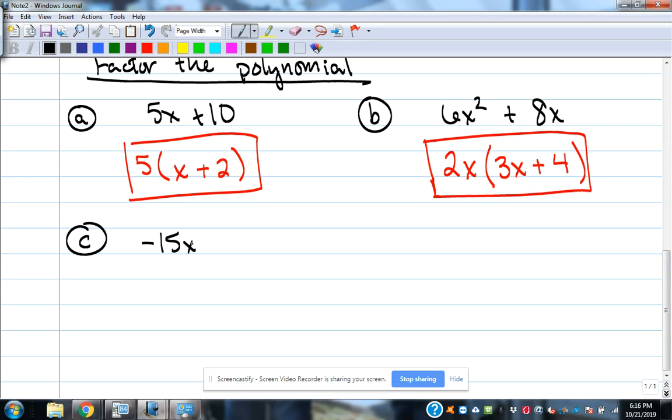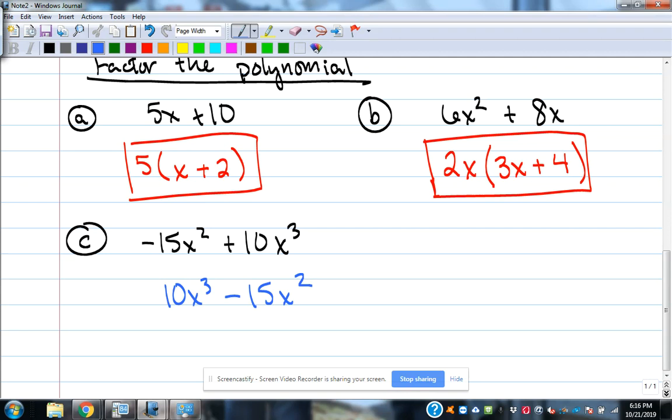Negative 15x squared plus 10x cubed. Is that in descending order? No. No, so let's put it in the right order. What goes first? 10x cubed minus 15x squared is the only other thing there is, so that's the right order now.